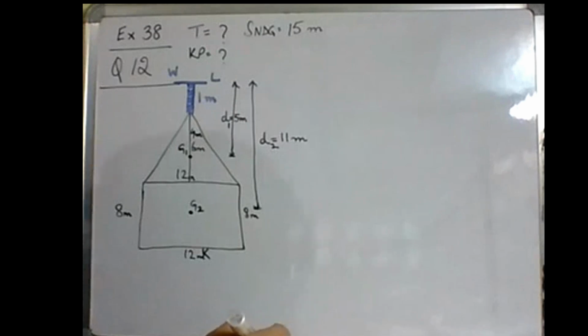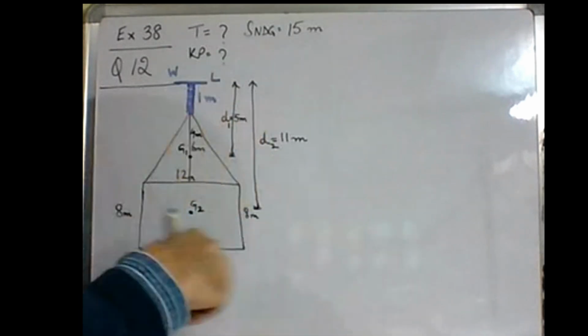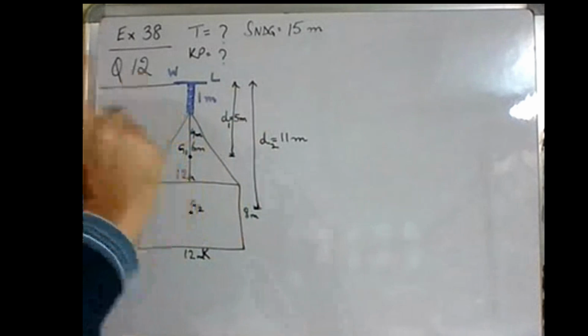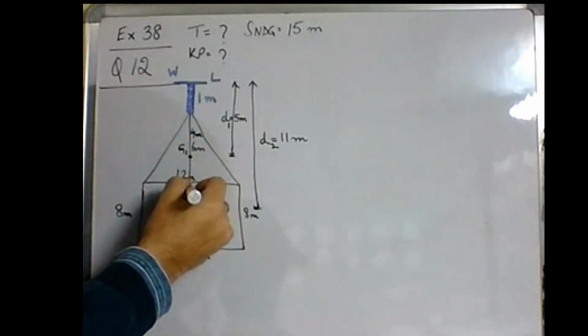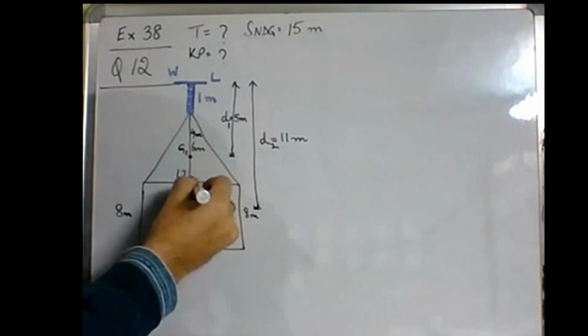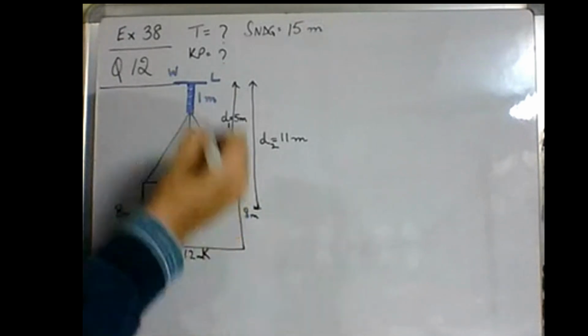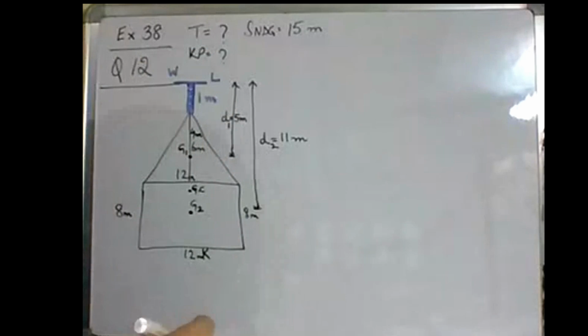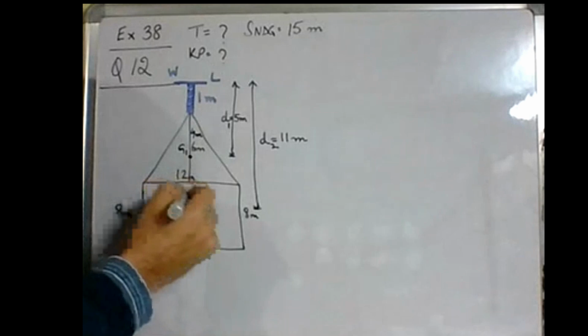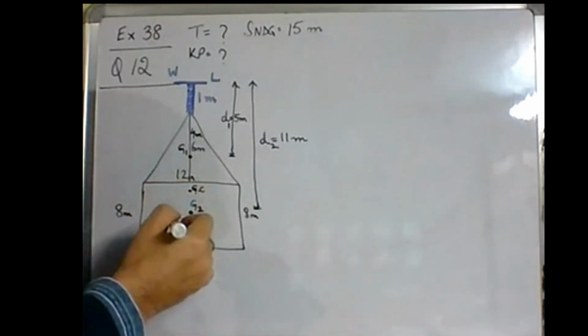So let the combined GC of both the units together as one system be at some point, which I don't know where it is. This is the GC of the combined shape, at a point G, which is between G1 and G2.